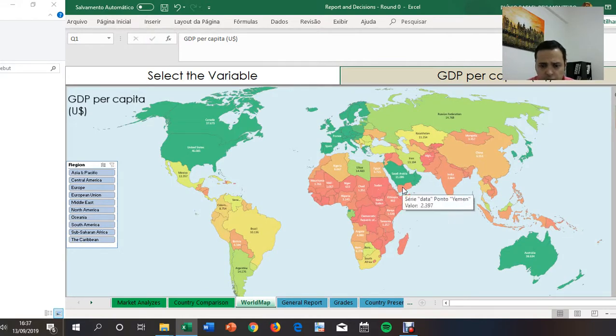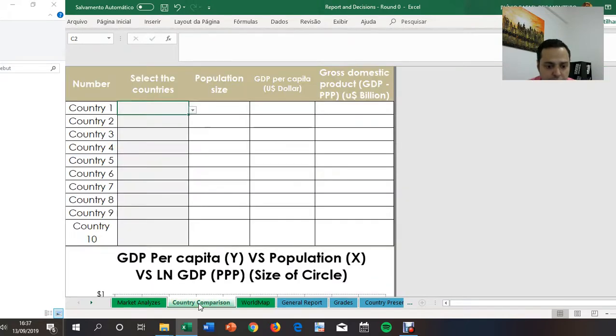So suppose that I'm planning to see the general data from BRICS countries.